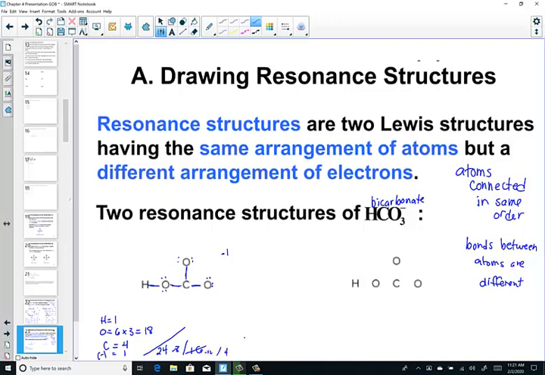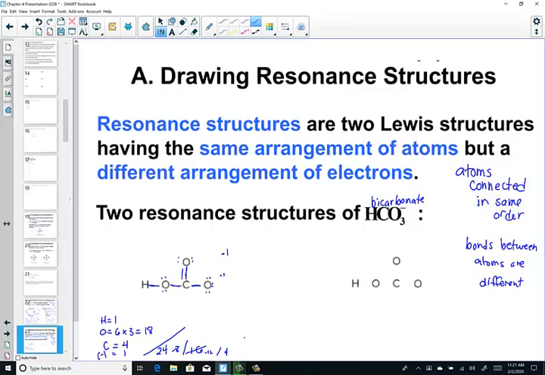That leaves me 4 dots remaining, and that's 4 dots to make sure that I get a double bond to one of these oxygens and maybe another set of lone pairs to the other. And that creates the -1 charge on the oxygen.